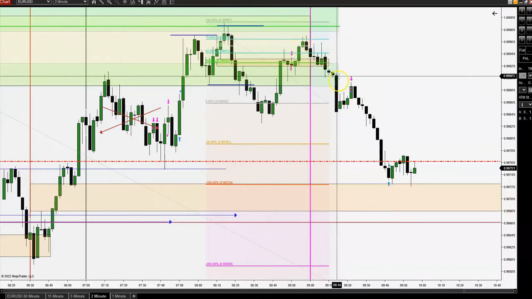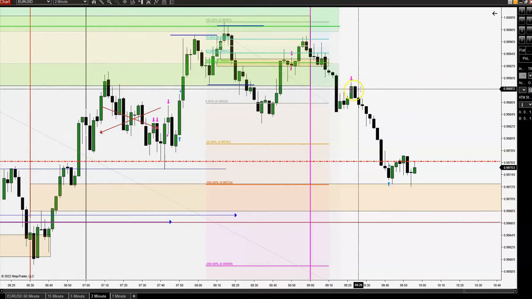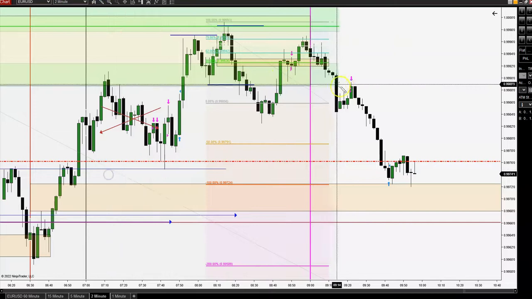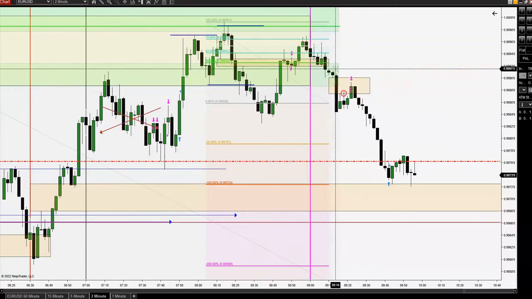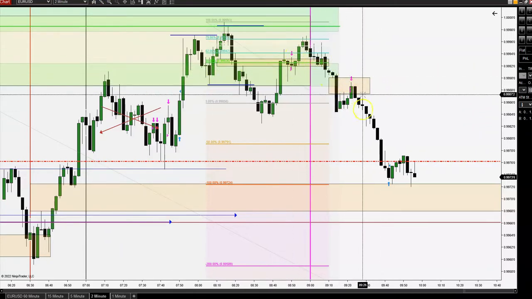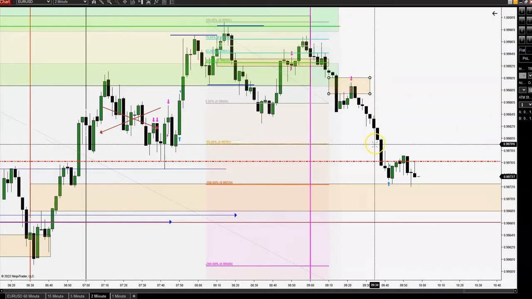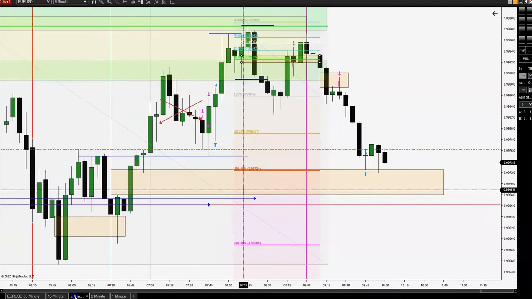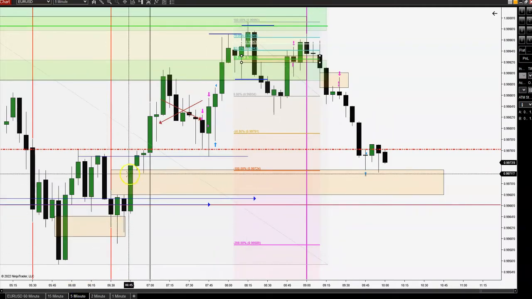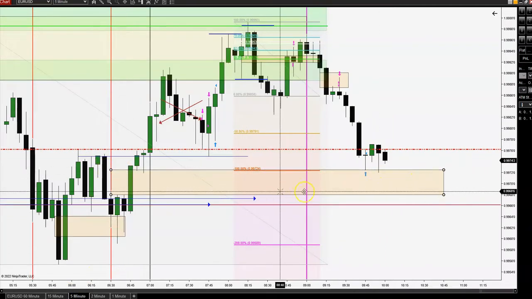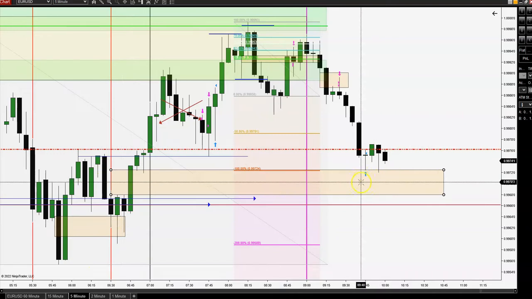We came down, there's displacement. I entered here again. So these are the moments where ICT mentions this is where you can go ahead and re-enter again. There's displacement, entered there, boom, and then my target was this 5-minute fair value gap here, the closest one, to take out positions.